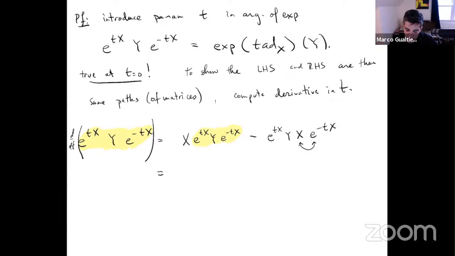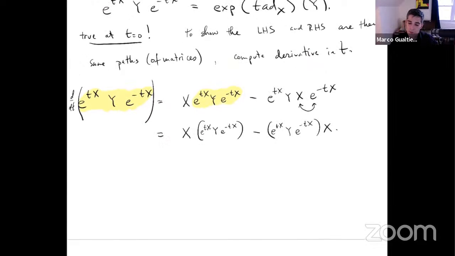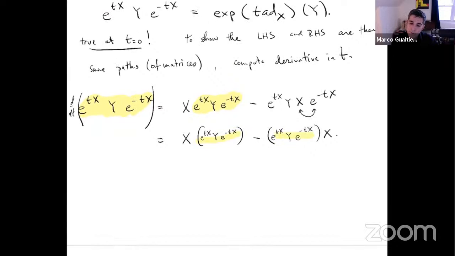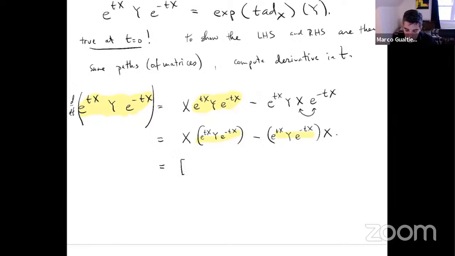So this will be x minus, does that make sense? And therefore, this is the commutator of x and e to the tx, y, e to the minus tx.